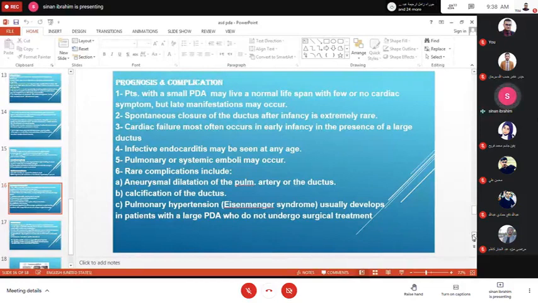Because of poor screening and poor follow-up in our system, many patients present with pulmonary hypertension or Eisenmenger syndrome, and when we look for the cause, we find the patient had a missed large PDA causing Eisenmenger syndrome without knowing the cause previously.